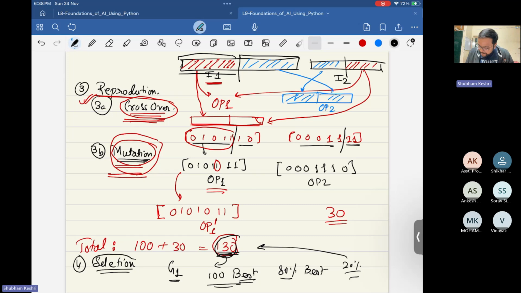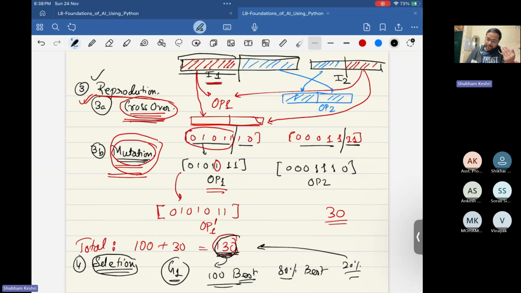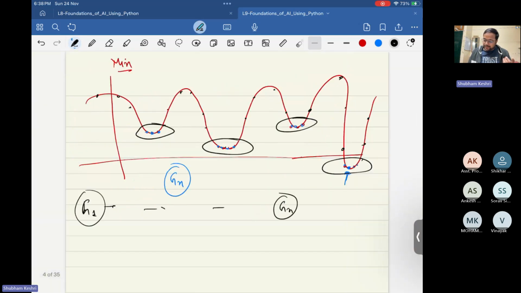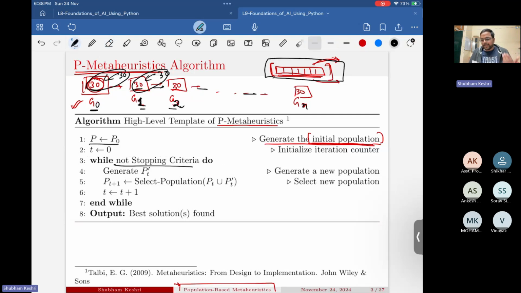So we have done selection, then we'll just repeat. When we have another generation, we will do parent selection, then reproduction, then again selection for the next generation. The algorithm written over here is the same thing I am talking about. We are starting with a population, and until the stopping criteria is met, there can be some stopping criteria. For example, if the objective function from one generation to the next is not changing.